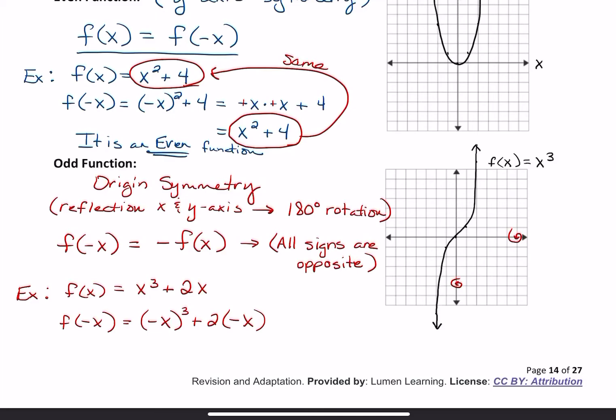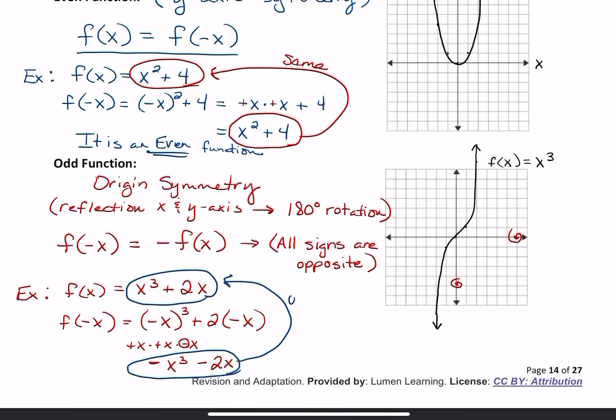So if I have negative x cubed, that's going to be negative x times negative x times negative x, which two will give you back positive, and then you have a leftover negative. So that'll be negative x cubed plus a negative 2x, or just minus 2x. So if you notice here, if you compare this to your original, it has all opposite signs, which means it is an odd function.